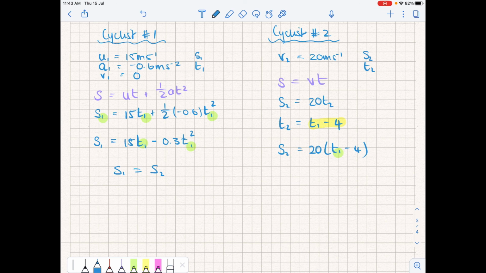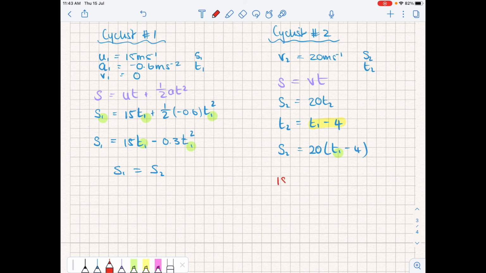Because I've made my time relatable to both, I can compare them. If I had not changed my time for cyclist number 2 to be in relation to cyclist number 1, I would be comparing two different equations where their variables were not the same. So to give you an idea, what you would end up doing is this, which is incorrect.